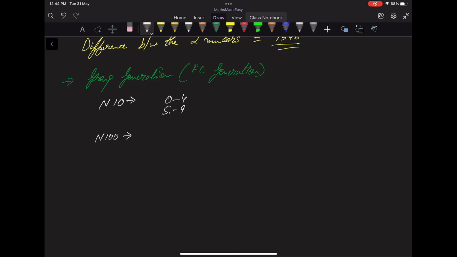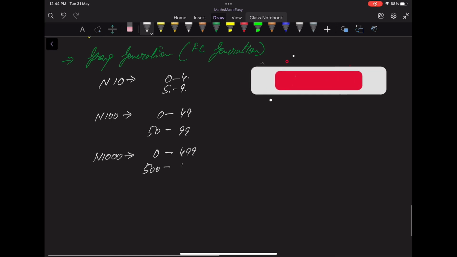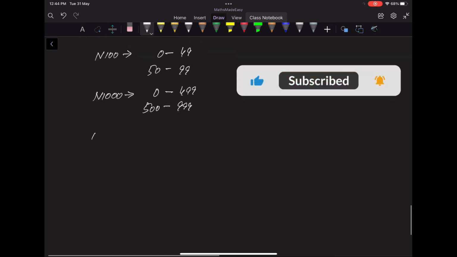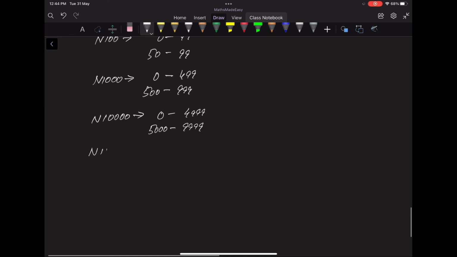For nearest 100, just add a 9 after 4 and 9, and a 0 after 5. So after 4 we add 9, after 5 we add 0, after 9 we add another 9. For nearest 1000, do the exact same thing, just keep adding 9s after 4 and 9 and a 0 after 5. And nearest 10,000 is 0 to 4999 and 5000 to 9999.